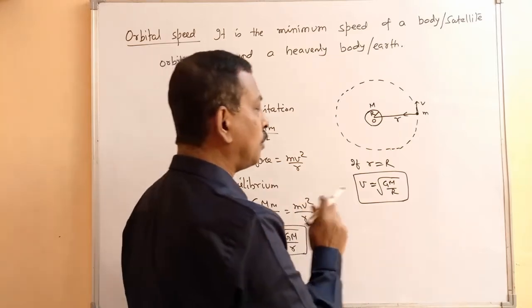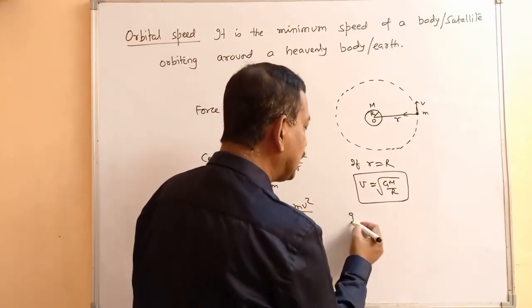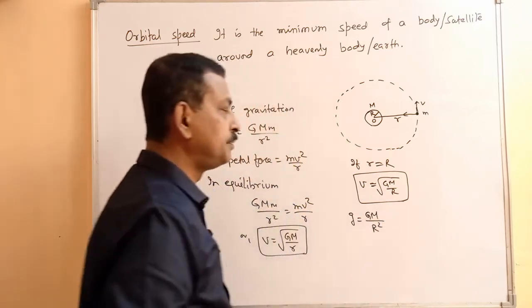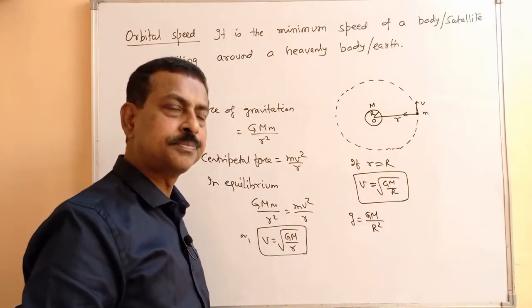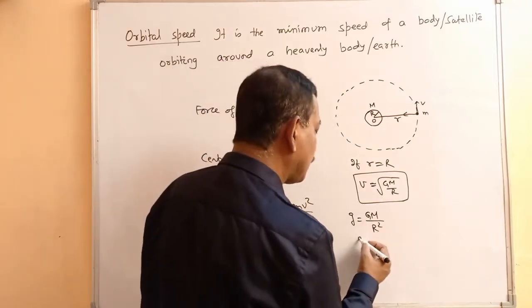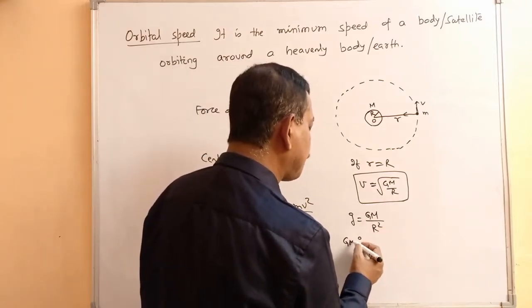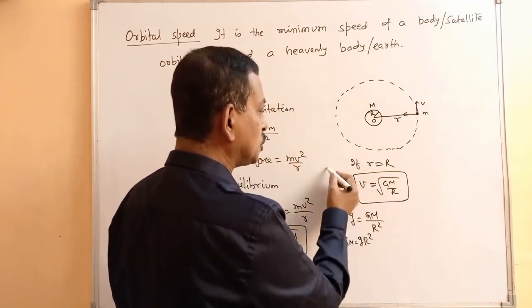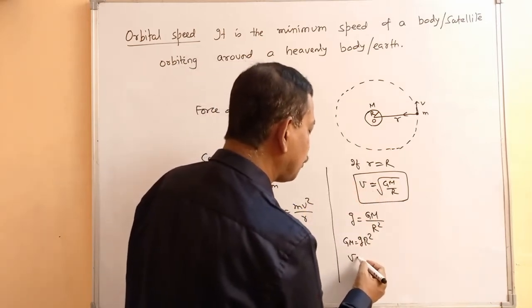Another form we can get: you know that acceleration due to gravity on the surface of Earth is GM by R square. That means for GM I can put g into R square. If you substitute this, then what will we get for v?